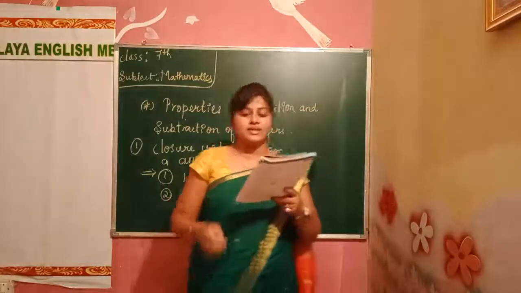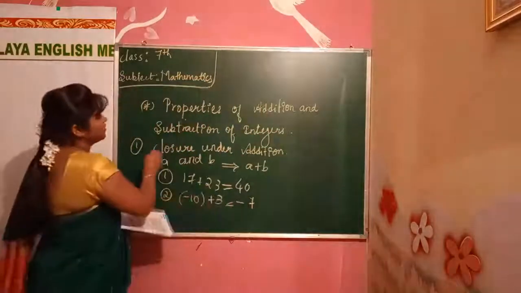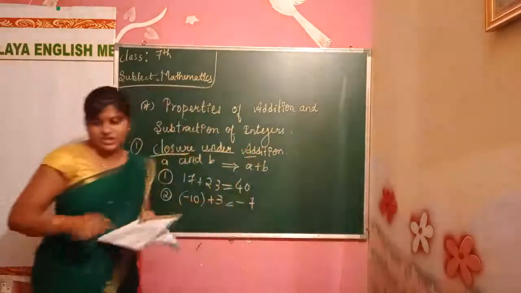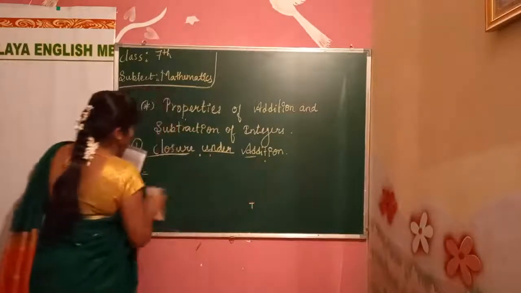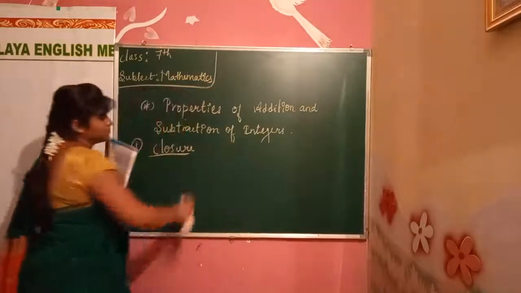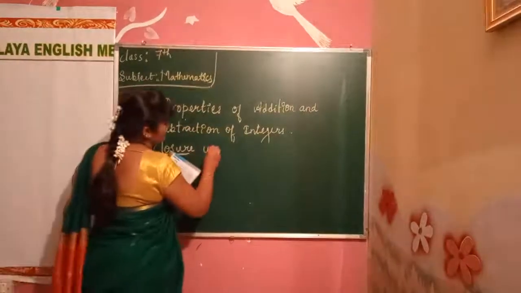The next property is closure under subtraction. We did closure under addition, now we'll do closure under subtraction.